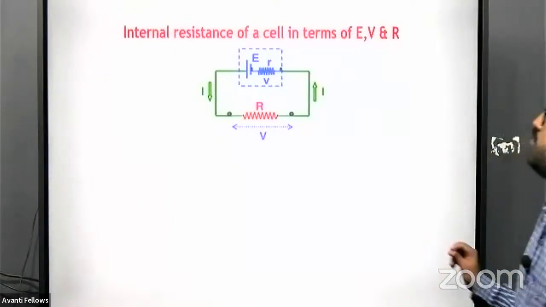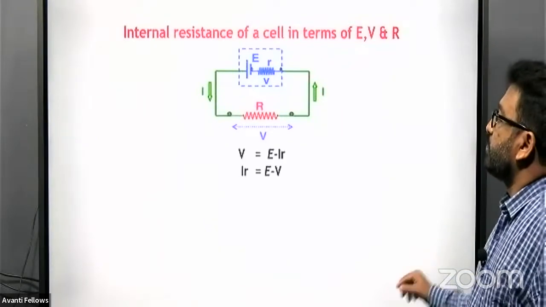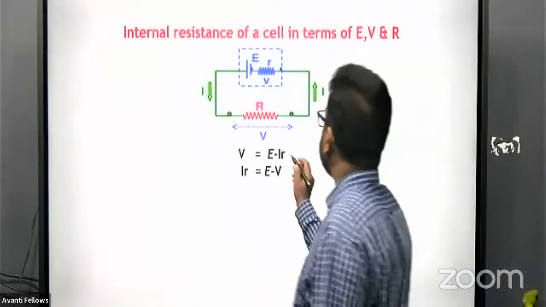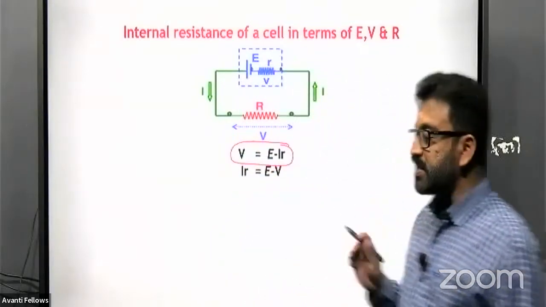So, internal resistance of a cell in terms of E, V, and capital R. V equals E minus Ir. This you have to remember as a concrete idea.